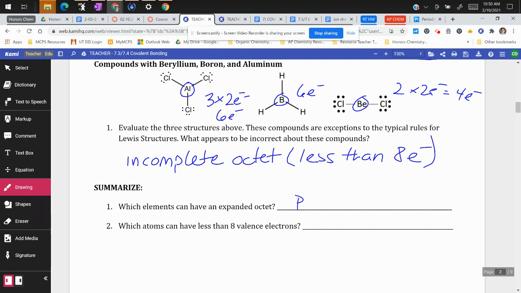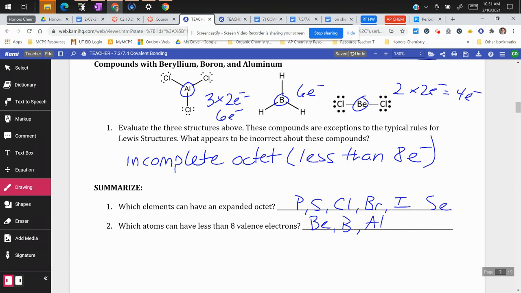So as a quick review, we said elements in the third row and below: phosphorus, sulfur, chlorine, bromine, and iodine. You can also make a case for any of the other nonmetals that far down. If you said selenium, for instance, I'd be willing to accept that answer. Which atoms can have less than 8 valence electrons? We have beryllium, boron, and aluminum. Now, think about beryllium. Beryllium's group 2, which we think is actually a metal.